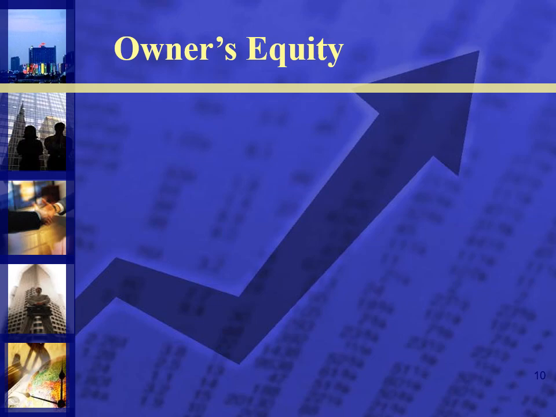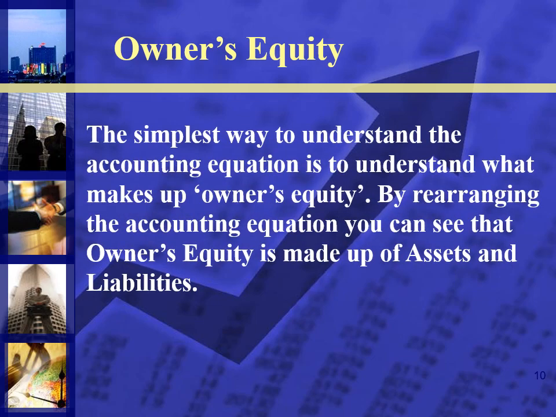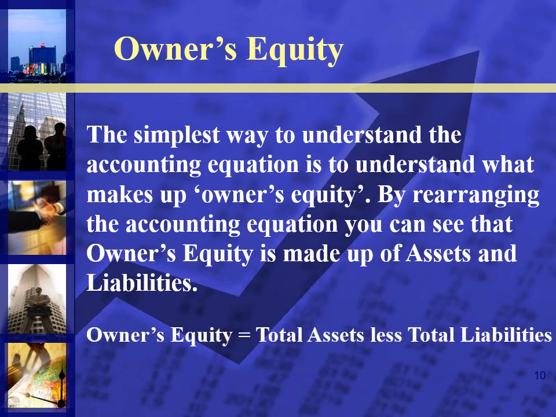What is owner's equity? The simplest way to understand the accounting equation is to understand what makes up owner's equity. By rearranging the accounting equation, you can see that owner's equity is made of assets and liabilities.